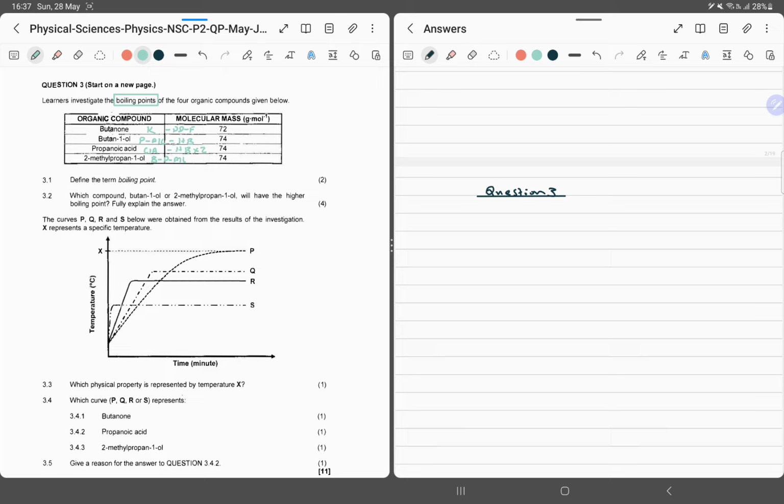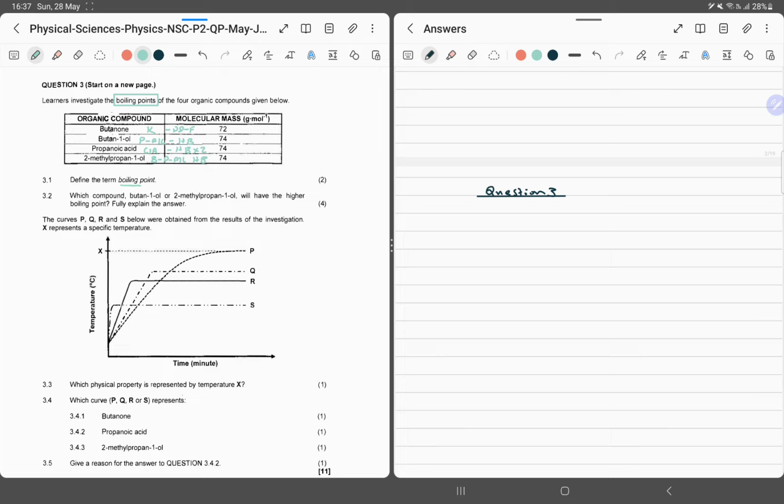Right here we've got hydrogen bondings here. But the only difference between this one and butane 1-ol is the fact that this one is globular, or it's branched, so it will have a lower boiling point than the butane 1-ol, even though they have similar intermolecular forces, but their strengths are differing, the London forces, of course.